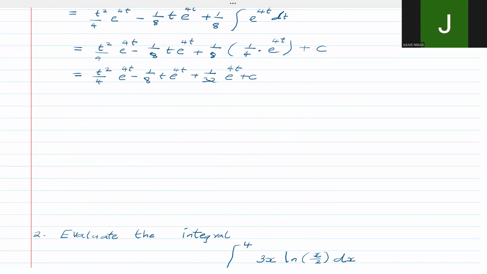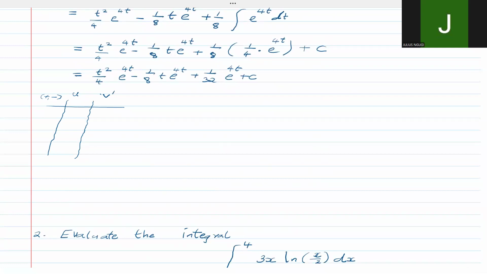So to just confirm this one, you can draw a chart as I showed you. And this side is the side for the signs, plus or minus. This is u, and this is dv. Let me call it v prime.